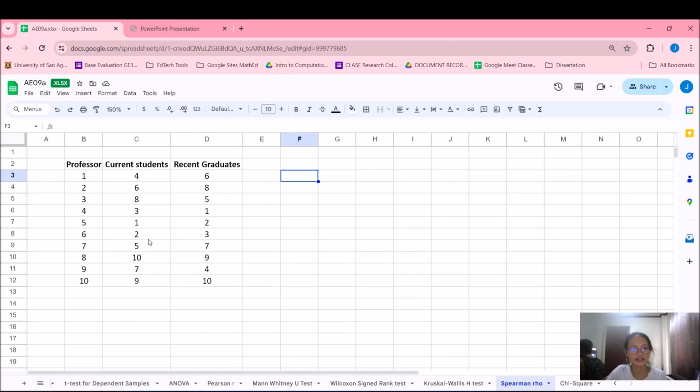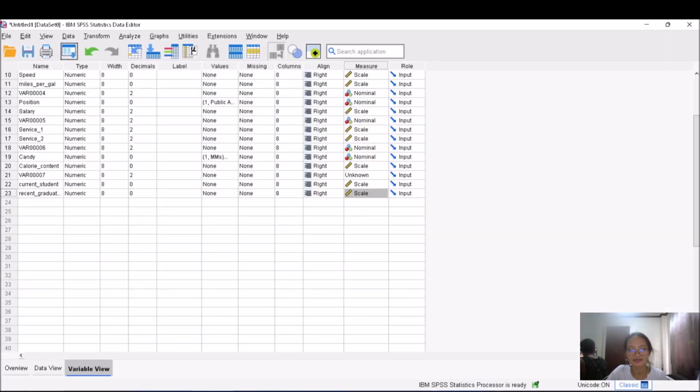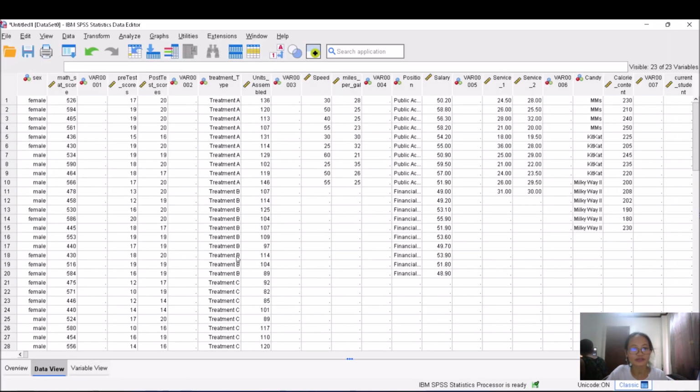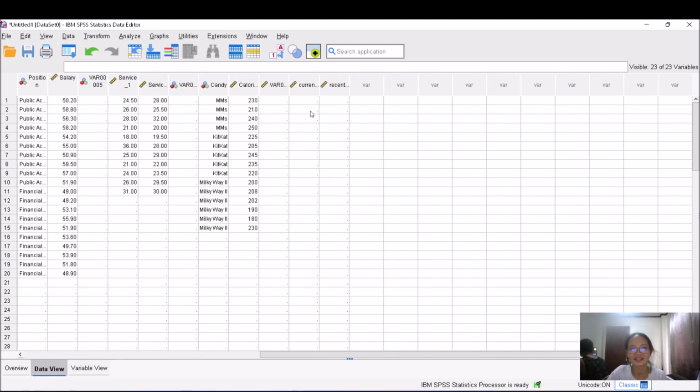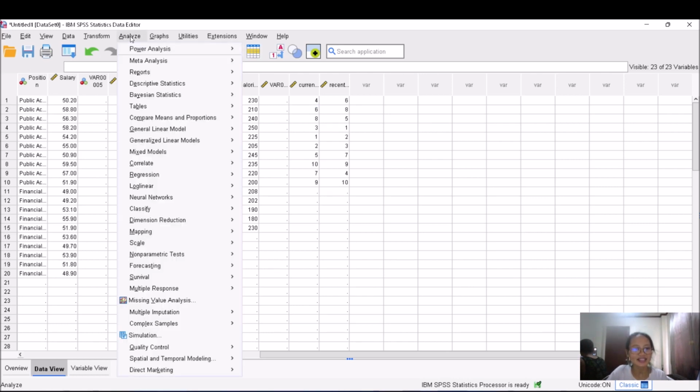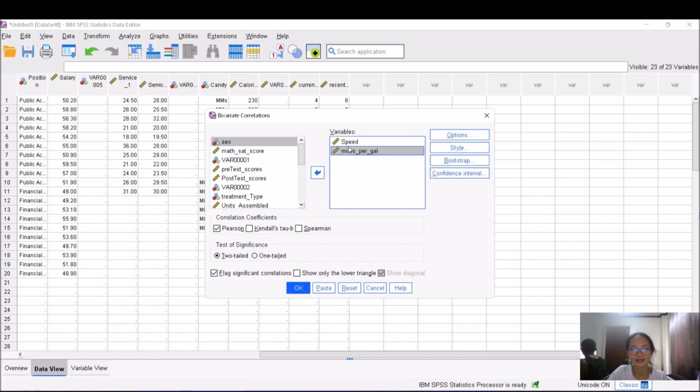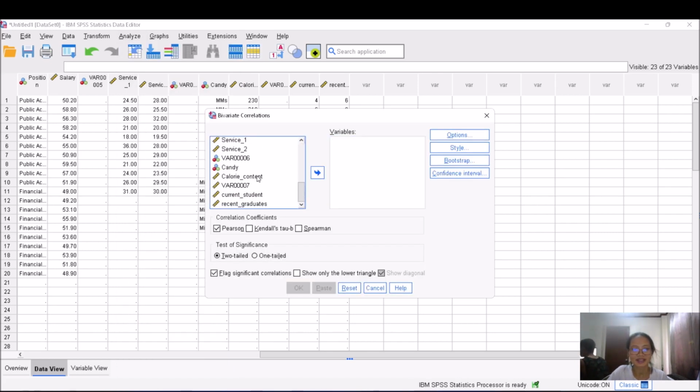Okay, then you go here and you copy your data set. You go to your data view. And then you paste your data here. And then analyze, correlate, bivariate. And that's current student and recent graduates.